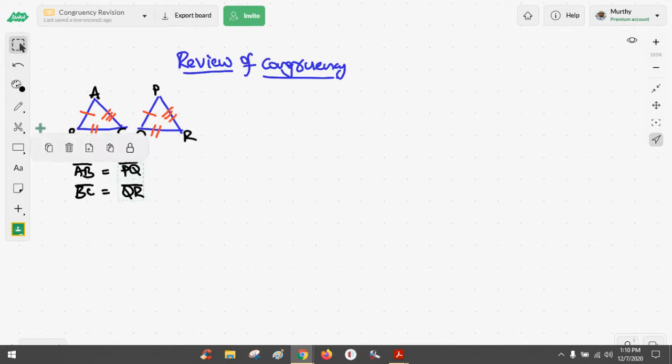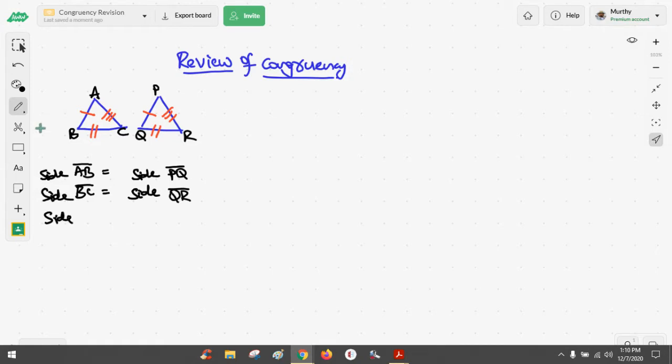Let me write maybe a little in detail. I can say that side AB equals side PQ and side BC equals side QR, and the third side AC equals side PR. How do you know?